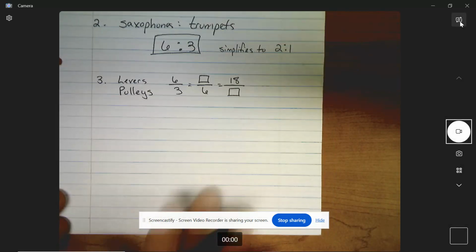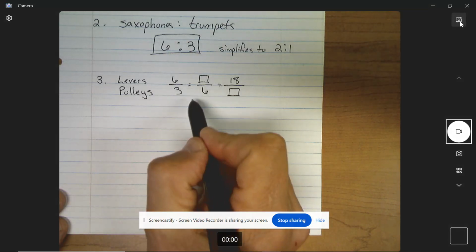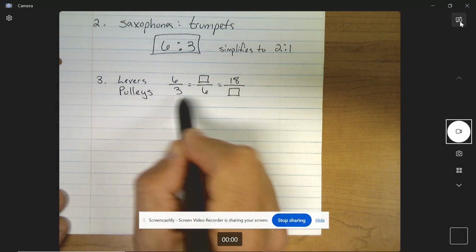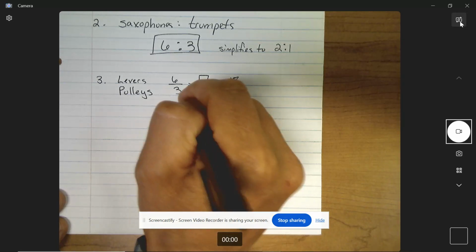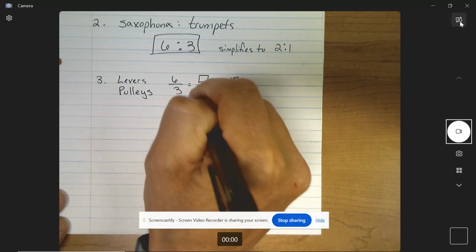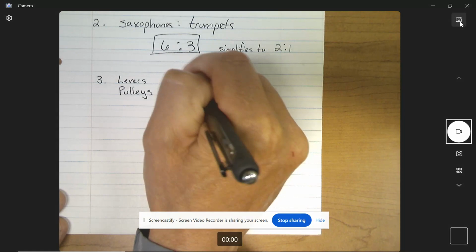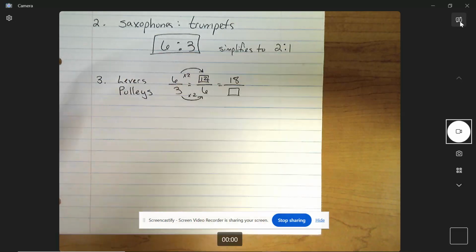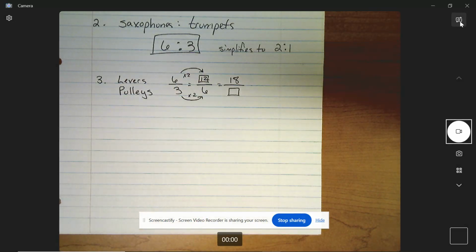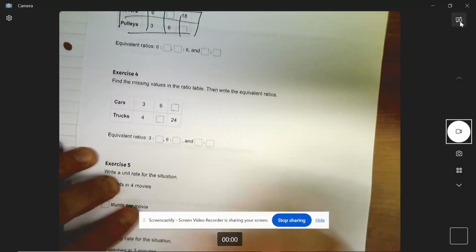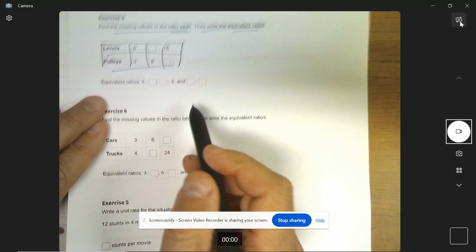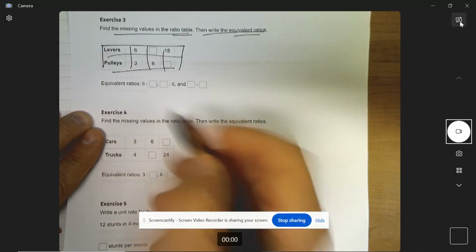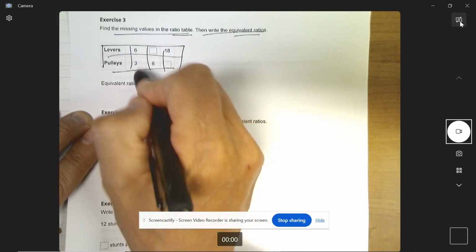This is what it's looking like. So if this is equal, what does that number need to be? If I take this and multiply it by 2, I'm also going to have to multiply this by 2, and that gives you 12. And I will show you also, when you're clicking on this question, it'll say a 6:3 ratio.